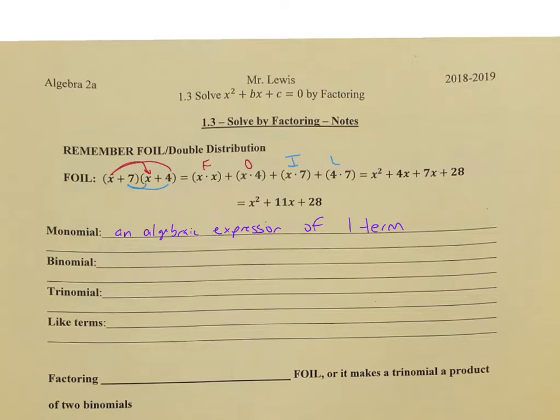They can be combined, like 7X plus 4X. Those are two terms, but they can eventually be put together to 11X, which makes that a monomial eventually. A binomial is two monomials that cannot be combined.